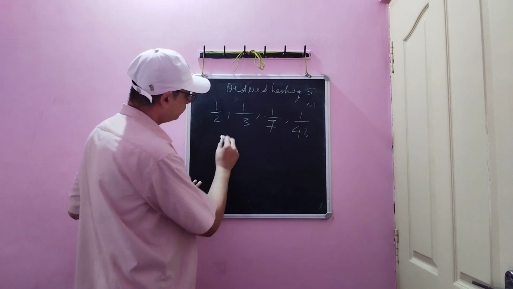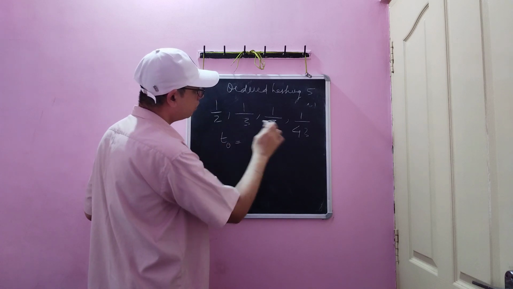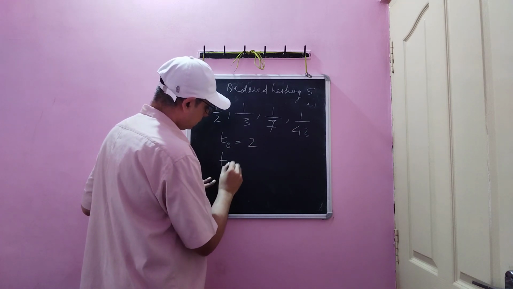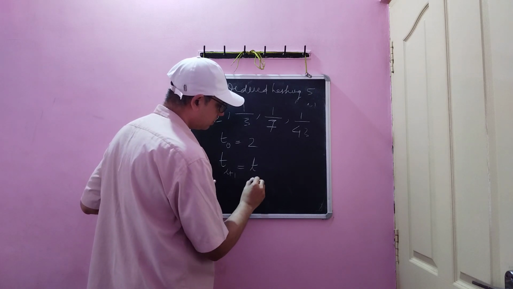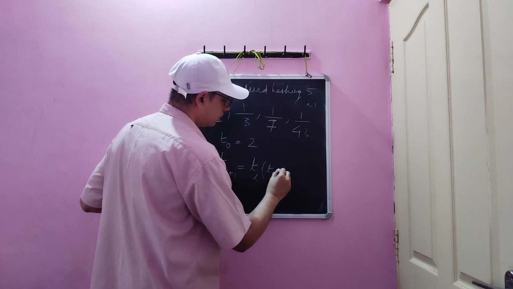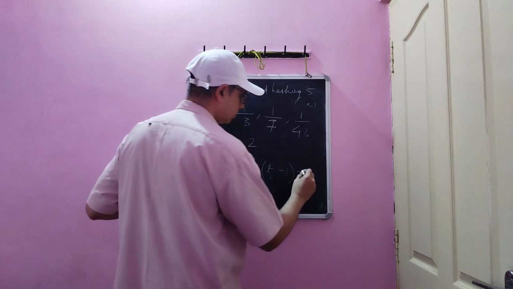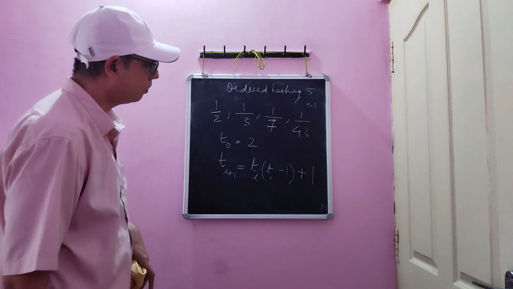So we will have the following sequence, only the denominators here. So T naught is equal to 2, and Ti plus 1 is defined in terms of its previous term Ti as Ti times Ti minus 1 plus 1.